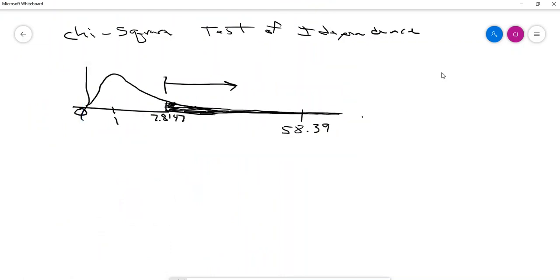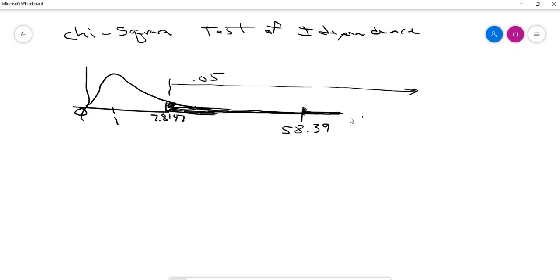And then our p-value is the area beyond this. Let's say we set our significance level at 5%, 0.05, right?